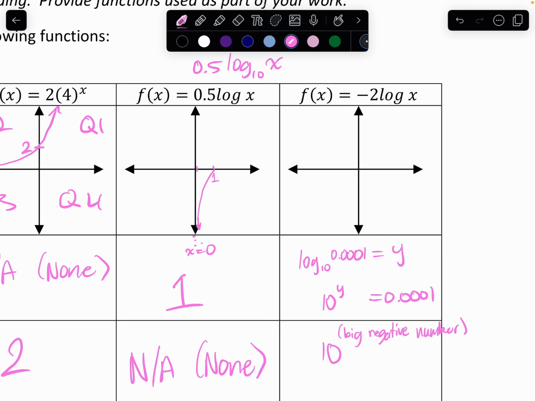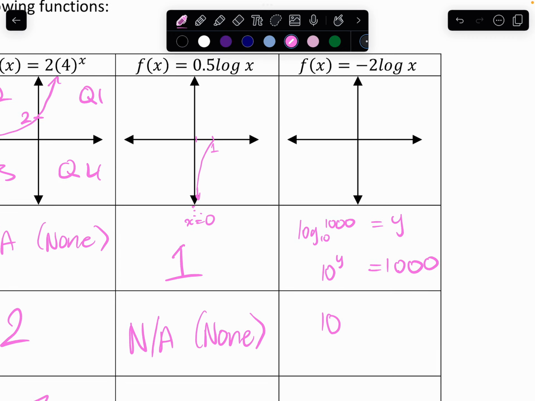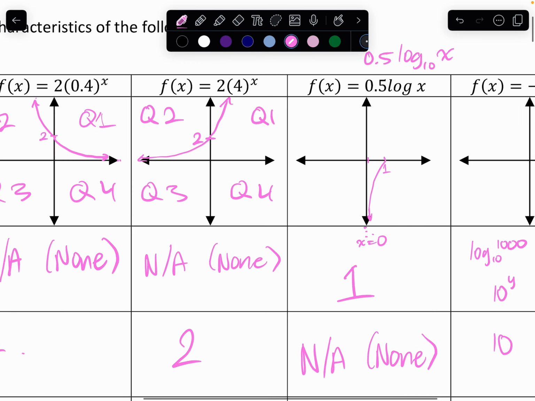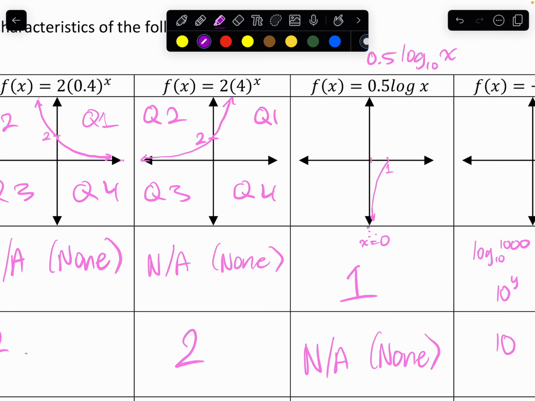And then what happens? Let's look at the behavior in this quadrant here. So let's pick a really big number. 1,000. So 10 to the power of y equals 1,000. 10 is getting bigger, right? So how is the number getting bigger? Well, it's when it is becoming more positive as an x value.